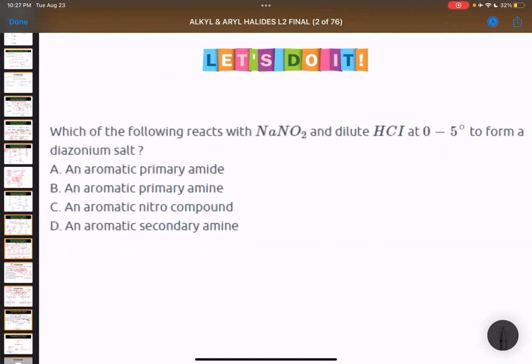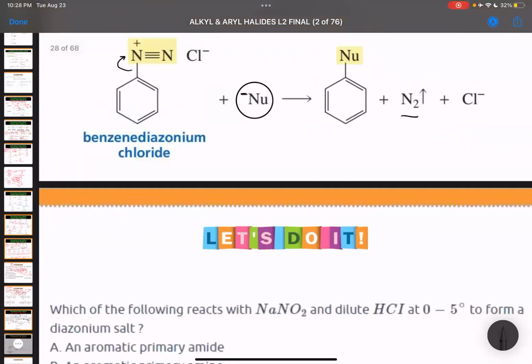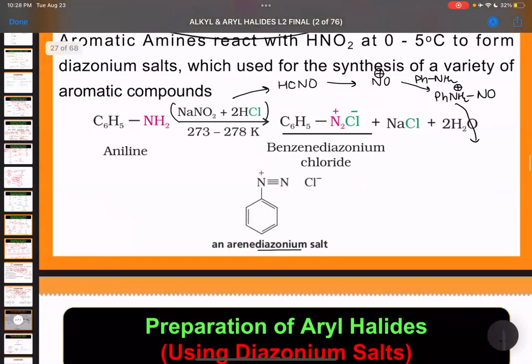NaNO2 plus HCl was reacted with which compound in the last stage that gave diazonium salt? Okay, so look here once again.